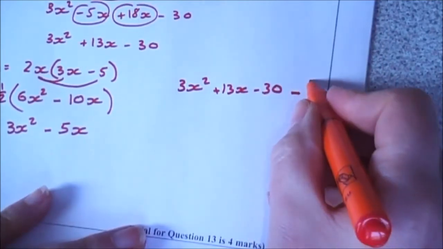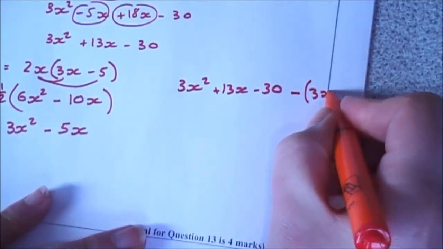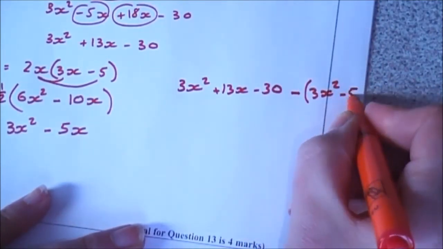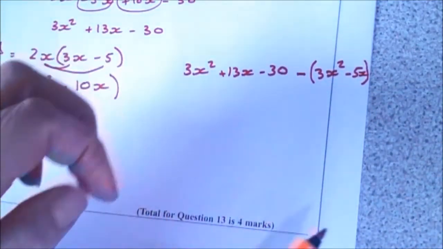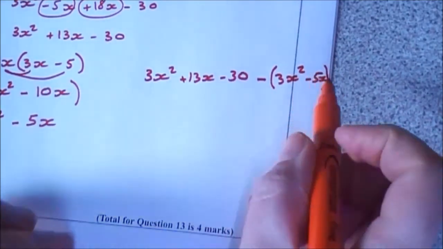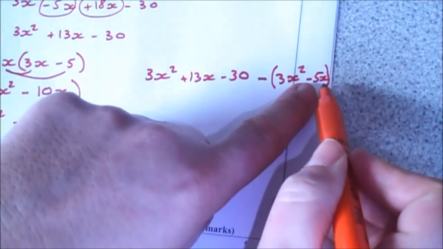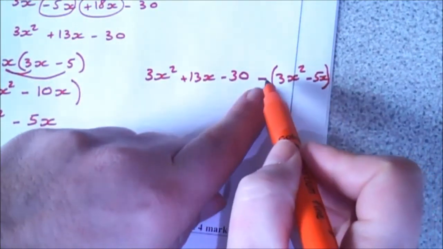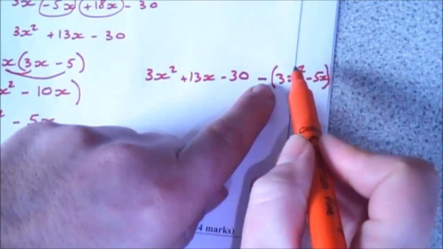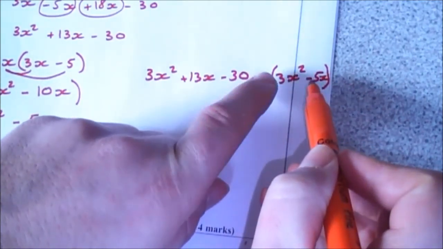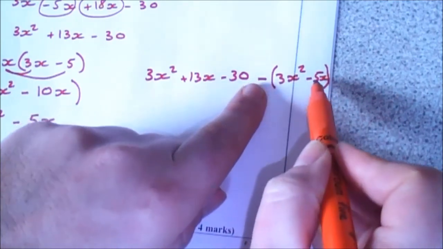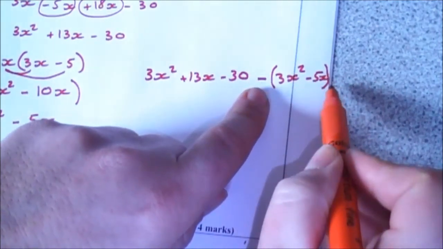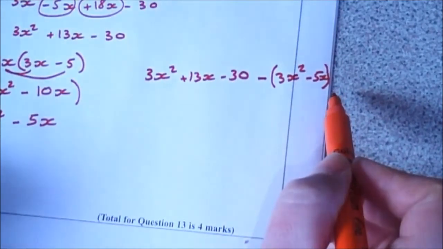So I'm taking away 3x squared negative 5x. Now the fact that you've put it in a bracket means that you should hopefully not fall into the trap of subtracting that 5x. Because yes, it's going to be negative 3x squared, but here you end up with a takeaway negative 5x. So they're going to go together to give you a plus. Right, so you're going to have to add the 5x on.